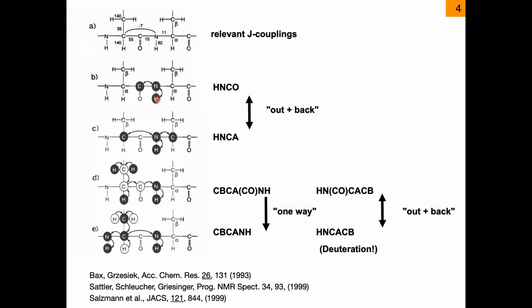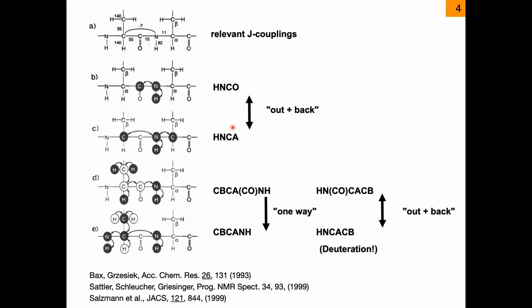You start on the amide proton, go to the connected nitrogen, and then to the preceding carbonyl carbon. On the way, you measure all the frequencies and then go back the same way and detect the amide proton oscillations in the receiver coil.